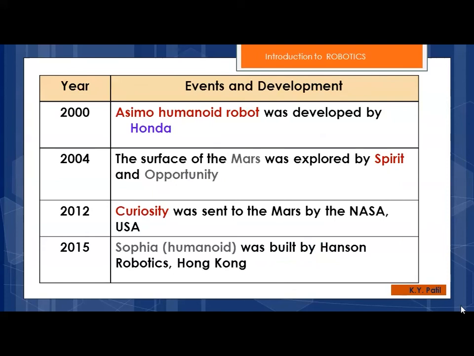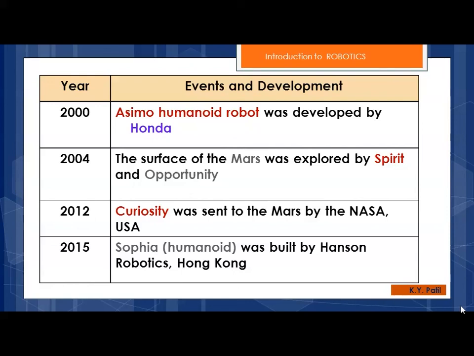Then, in the year 2004, the surface of Mars was explored by Spirit and Opportunity, and this particular mission was successful. And you might know what happened in the year 2012: Curiosity, an intelligent autonomous robot, was sent to Mars by NASA USA, and this mission was successful.